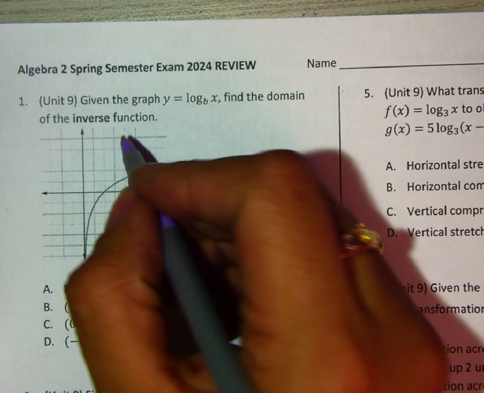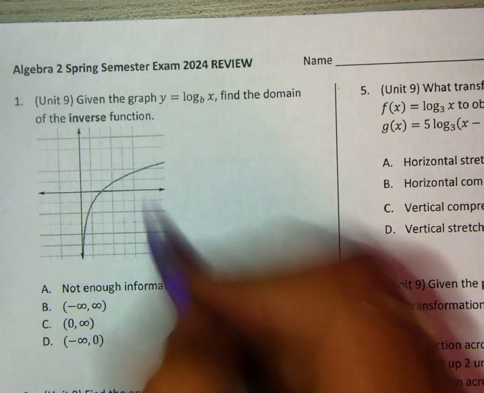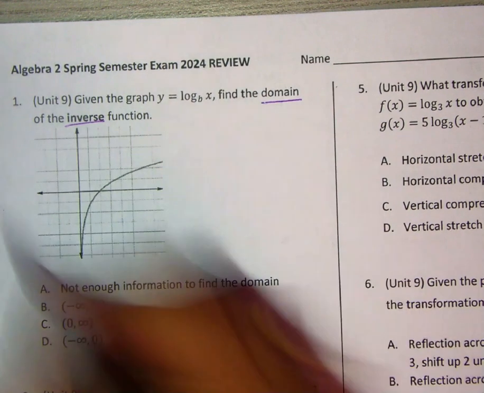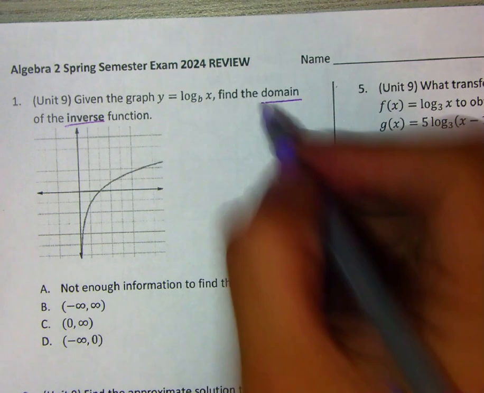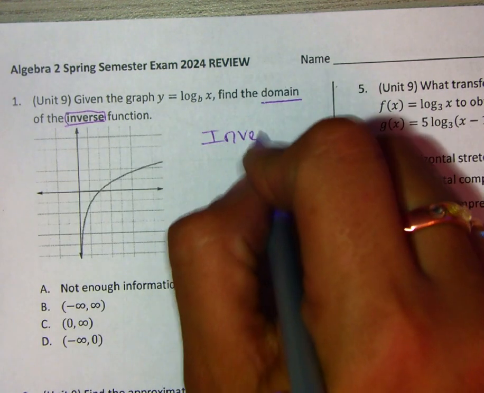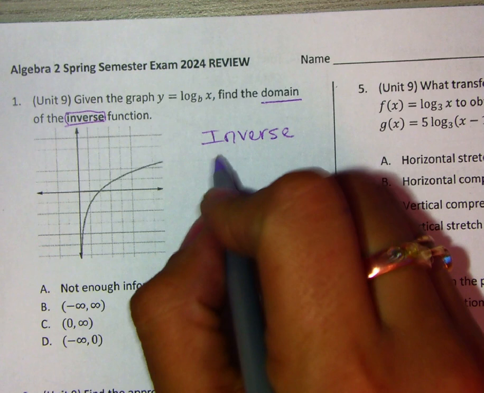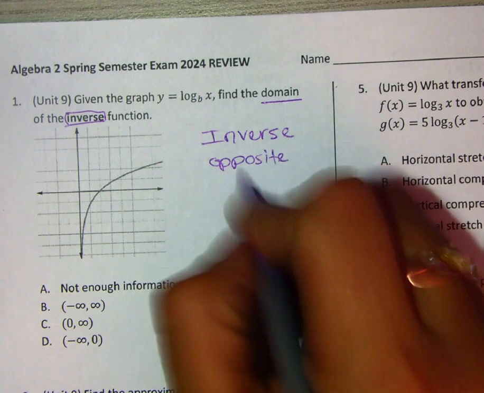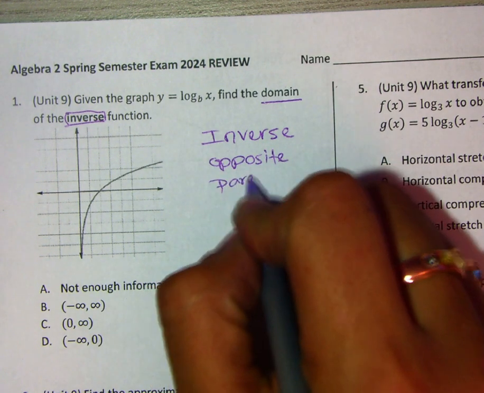All right, so the first question is asking you to identify the domain for the inverse function of what you see right here. The keyword here is inverse. And if you recall when we learned about inverse functions, they are opposite from the original, from the parent function.